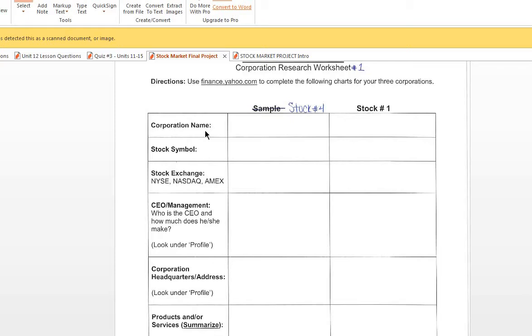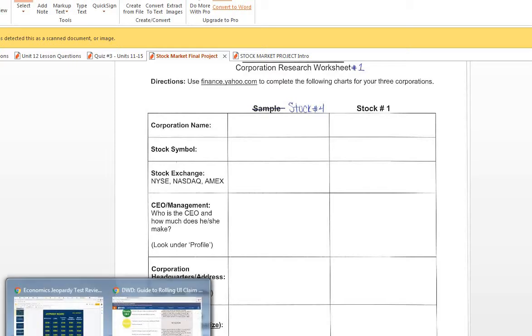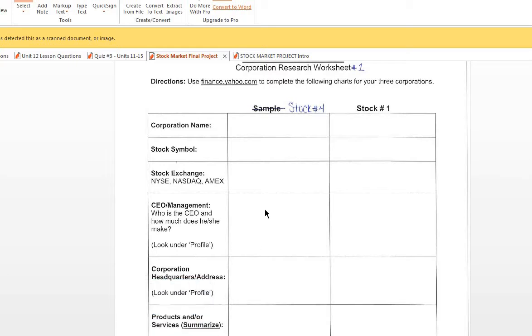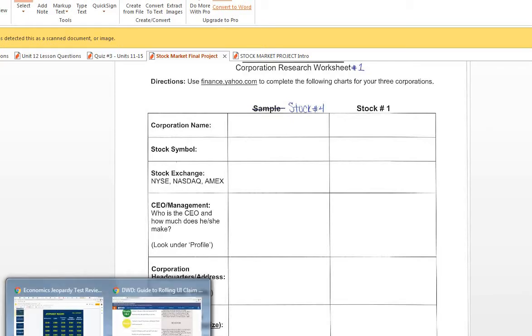So I'm going to go to finance.yahoo.com to show you how to find this information. Stock symbol, stock exchange, CEO management, corporate headquarters address, products and services summarized. We'll start with those couple of things, and you'll get the idea of where to find each of these things. So I'm not going to go through every one of them, but just to give you an idea of where to find them, how to get there, what to search.